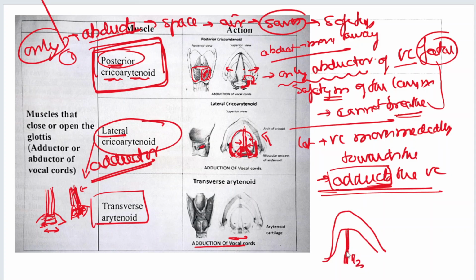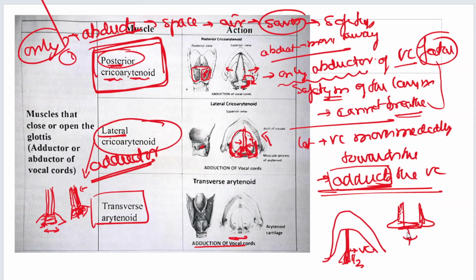The membranous part is where the vocal cord is attached to the vocal process of the arytenoid. This is the body of the arytenoid, right? So suppose this looks like this. So this part will be brought together, both the arytenoids will be brought together by the transverse arytenoid.